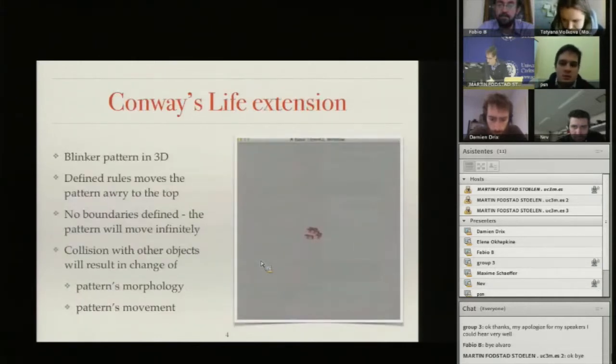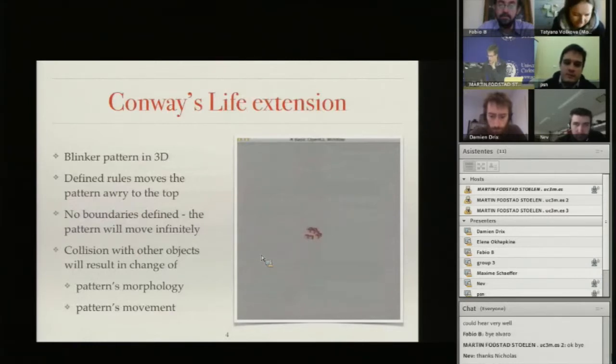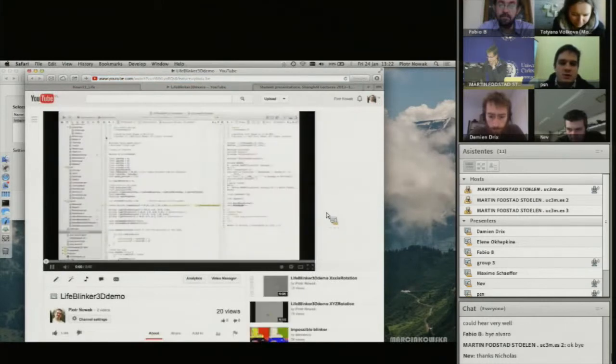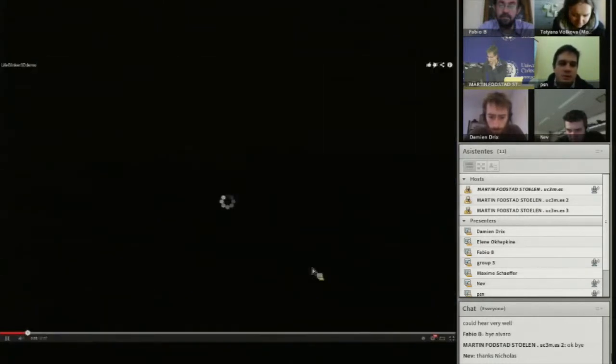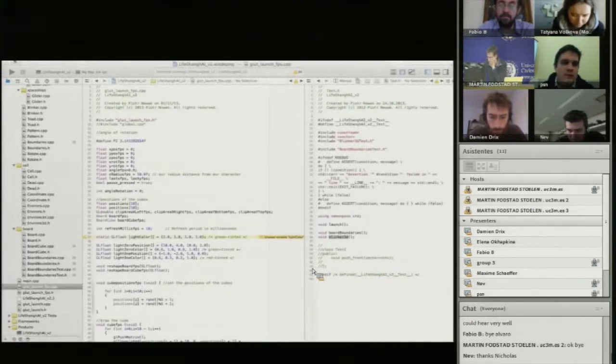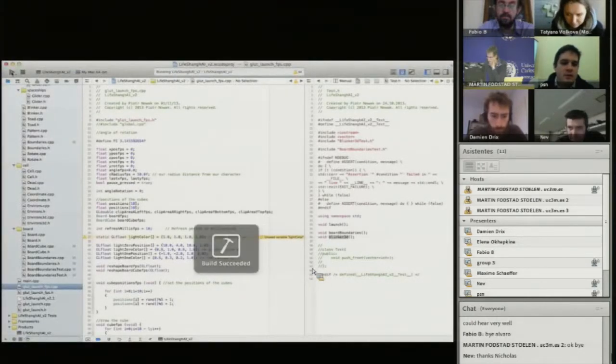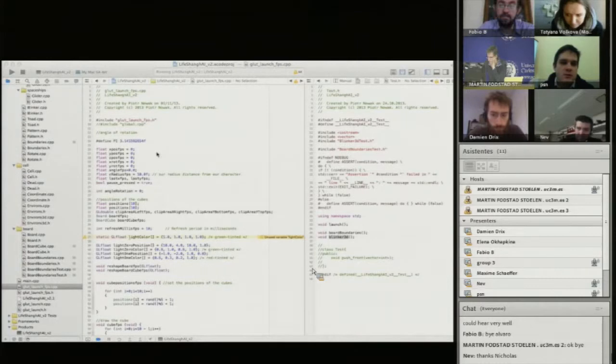So another attempt was to use, and this is a demonstration of implementation in C using OpenGL. We have a blinker moment.